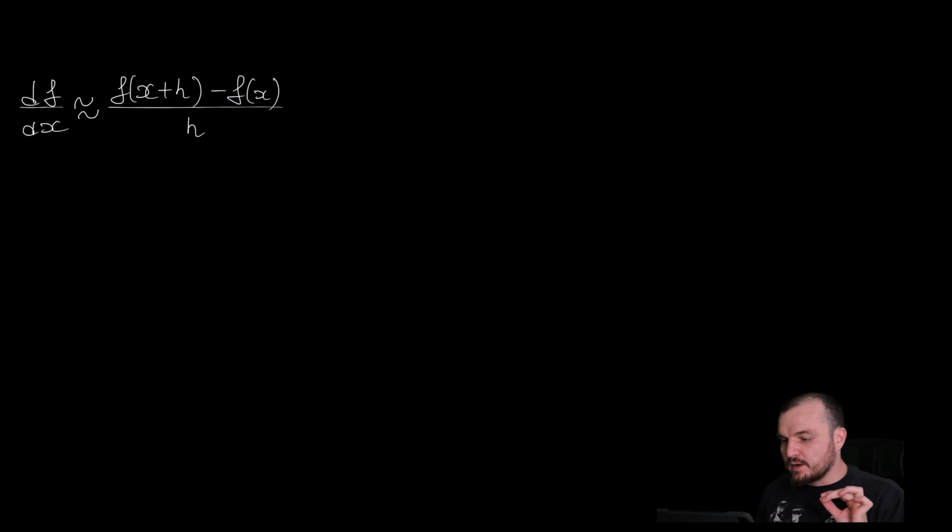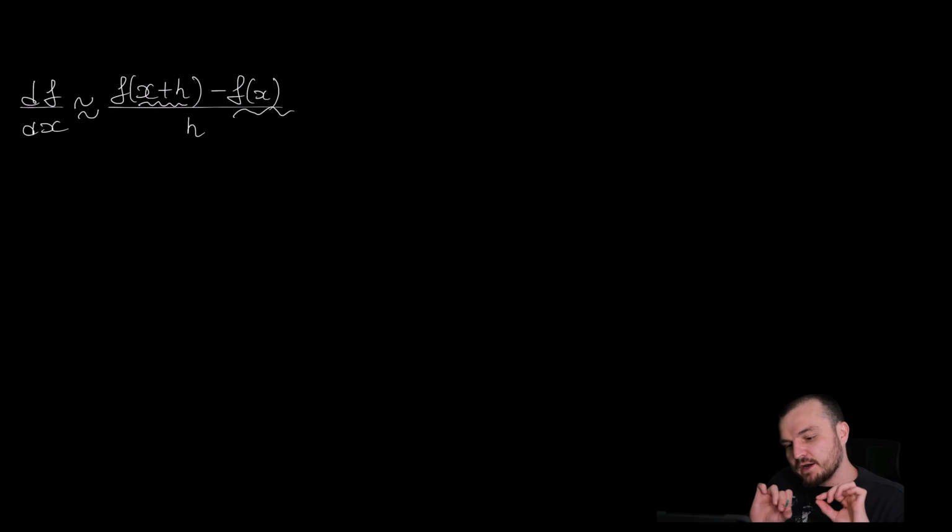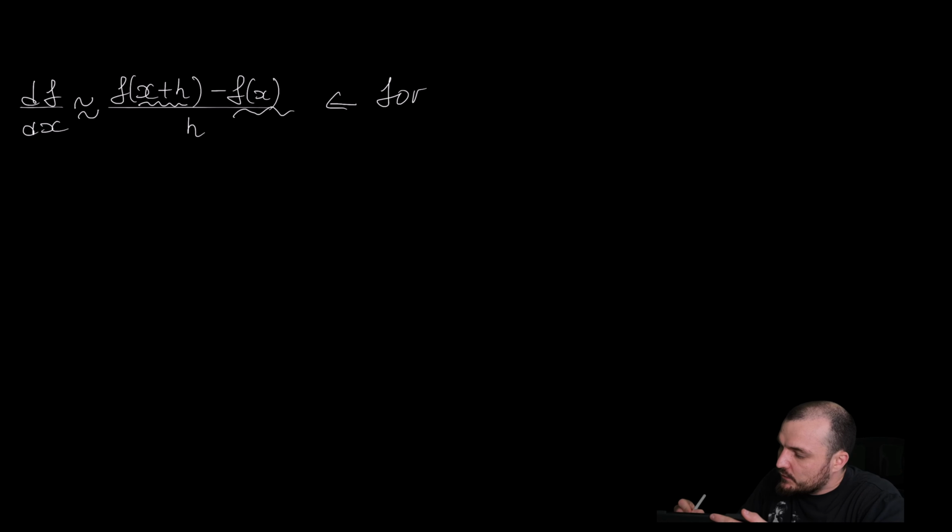It goes forward because right over here we change our input in the positive direction. We just add to our original input a tiny value. Then we subtract our function with the original input and divide by h. And we have the rate of change in the positive direction, how our function is going to react if we change our input in the positive direction. And it's called the forward mode.